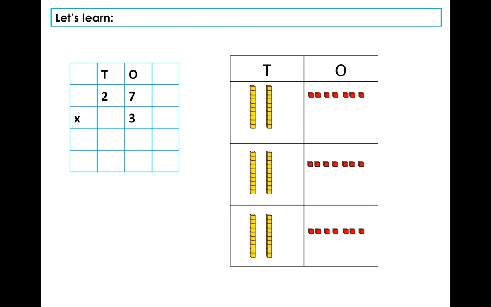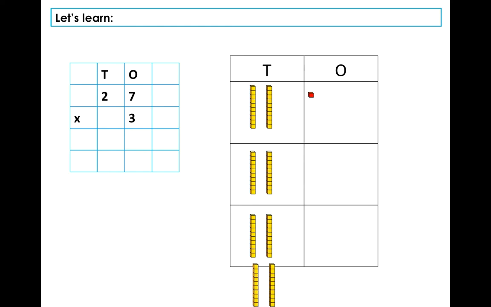So this one is 27 multiplied by 3. So I've got my 2 10s, my 7 ones 3 times. So I'm going to start off in my lowest place value column, the ones, and I know that 7 multiplied by 3 gives me 21 ones, doesn't it? And we know we can't have that many ones in our ones column. So we regroup 20 of the ones for 2 10s, because there's 2 10s in 21.